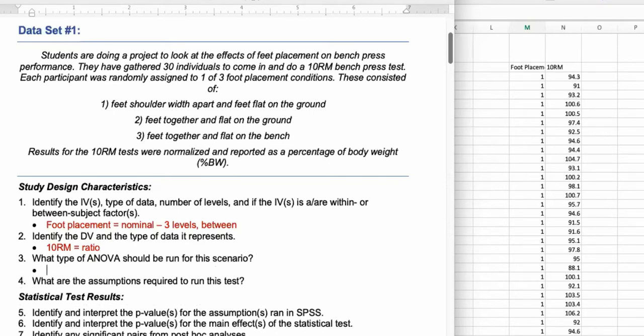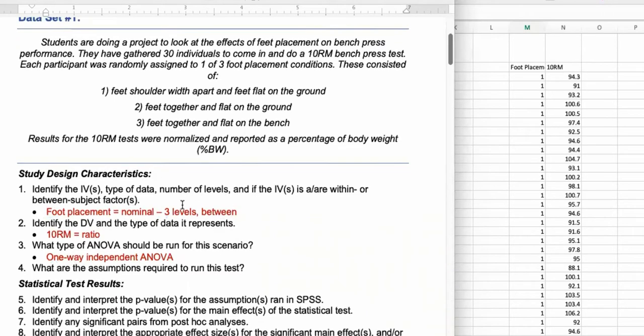So given that information, what type of ANOVA would we run? One way between, one way independent. Yeah. Okay. And we could deduce this because we have one independent variable that's a between subject factor, right?